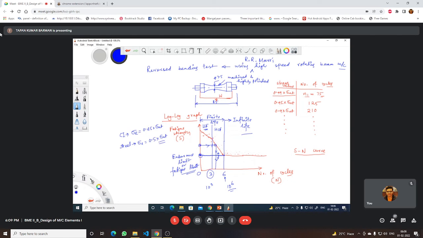Later on in detail, we can mention this value. So that is the way we may design the component under fatigue loading. But here at this point, we are interested to define the endurance limit. So now the definition of endurance limit is clear to you.